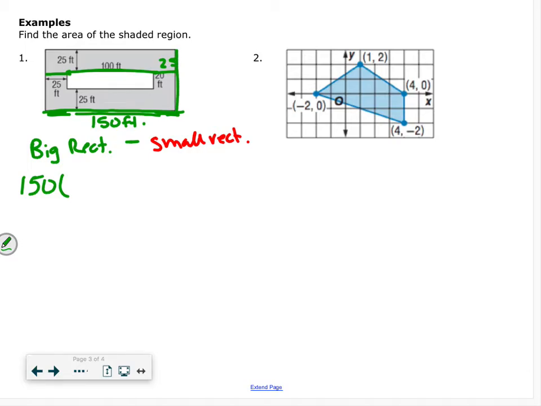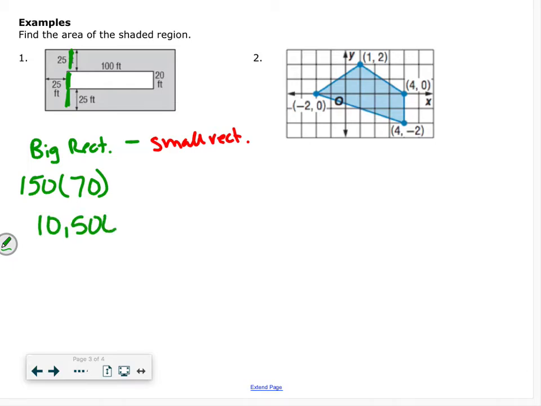In the other direction, we have this is 20 feet, this is 25 and 25. So 25 and 25 is 50, plus the extra 20 is 70. So the area of the large rectangle is 150 times 70, which gives us 10,500 feet squared.